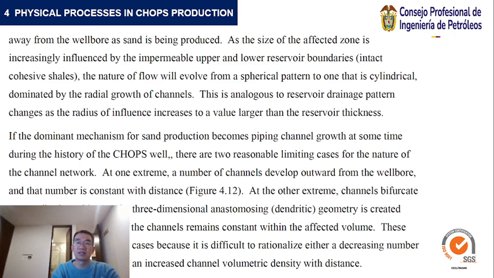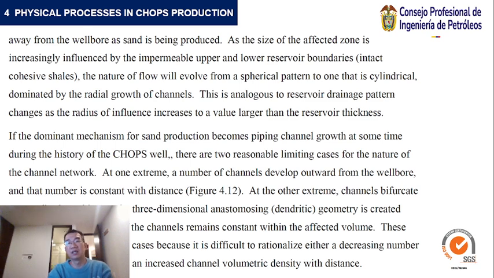As the size of the affected zone is increasingly influenced by the impermeable upper and lower reservoir boundaries, the nature of the flow will evolve from a spherical pattern to one that is cylindrical, dominated by the radial growth of channels.